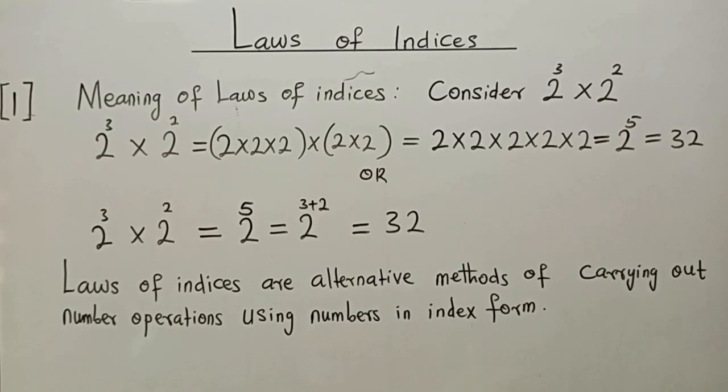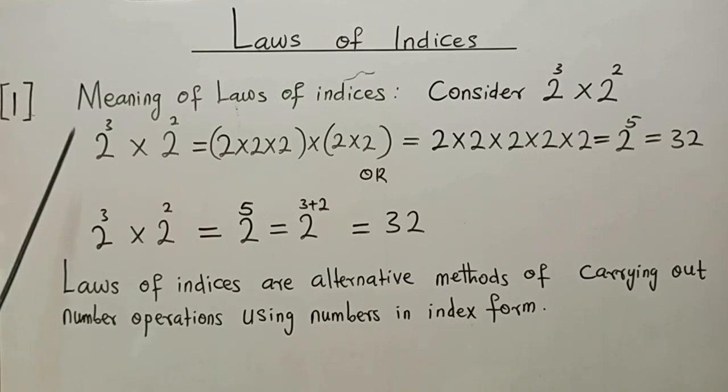Now that you know the meaning of laws of indices, you may also want to ask whether every kind of number operation in index form will have a rule or a law.